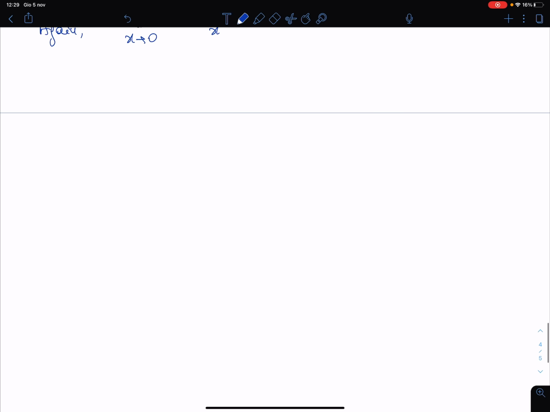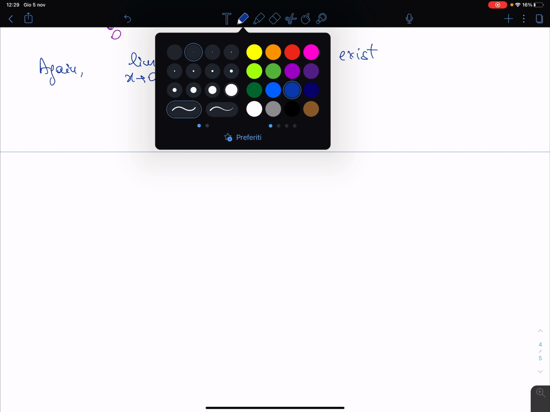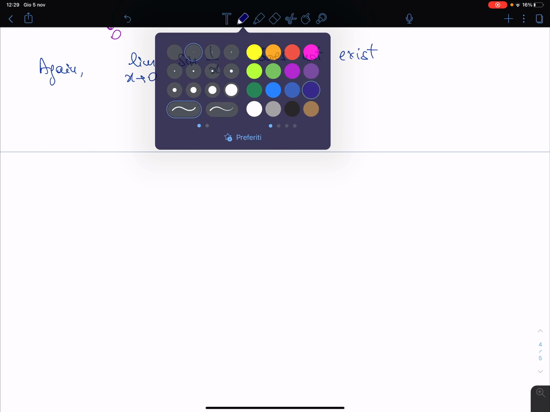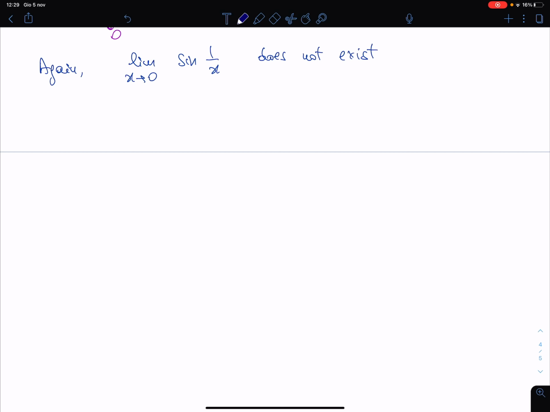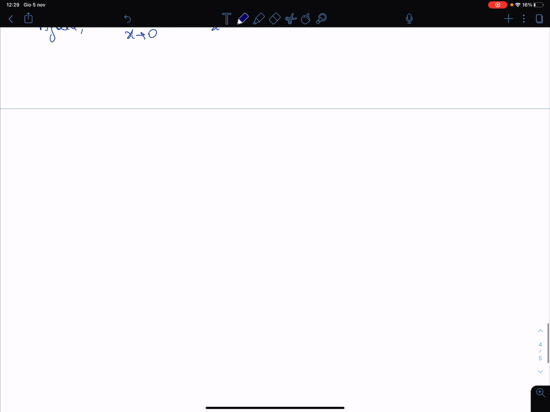For this function, it can be useful to have a sort of pictorial idea of what happens.